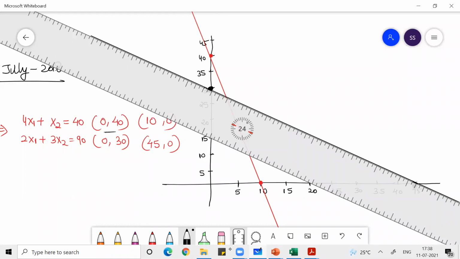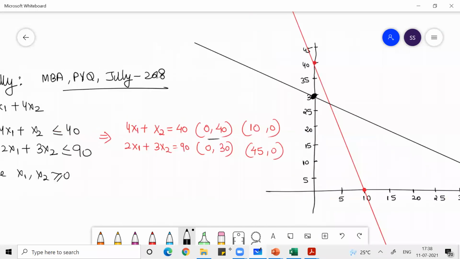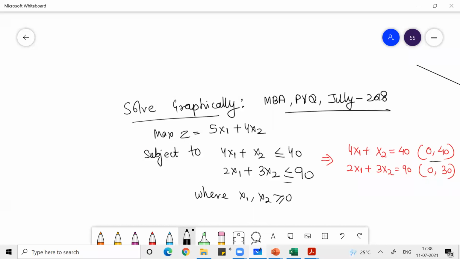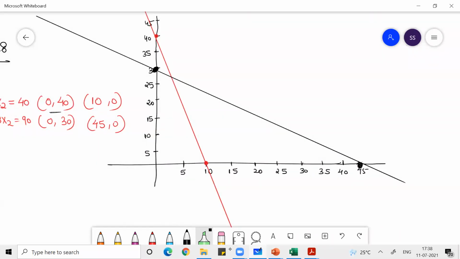Okay, so I've drawn the second line also. 0, 30, 45, 0. Now, again, the second line also has a less than or equal to sign for the constraint. So what would be the area common to this?